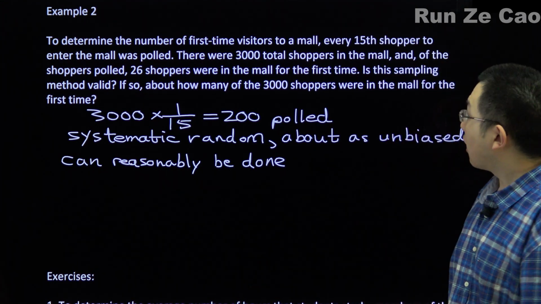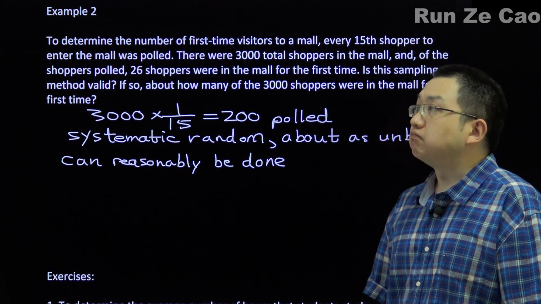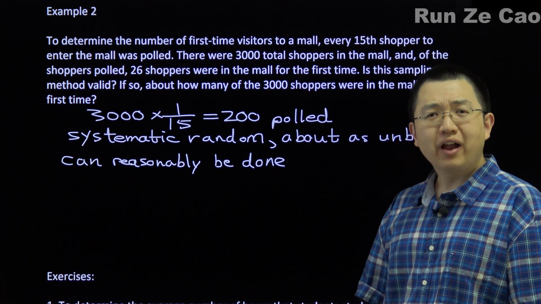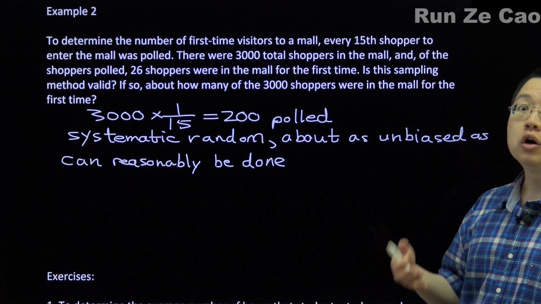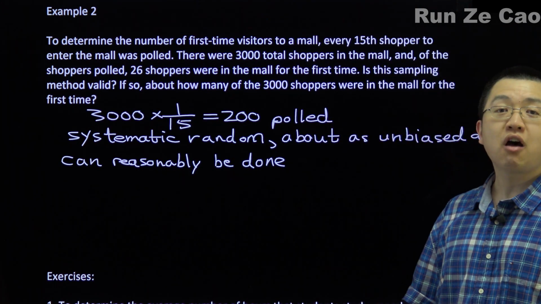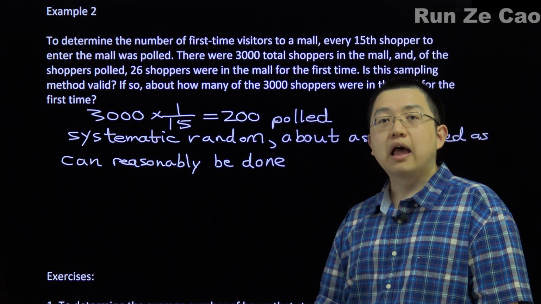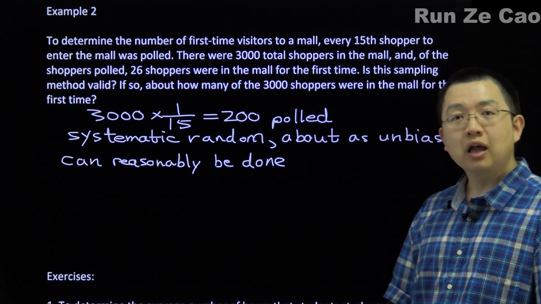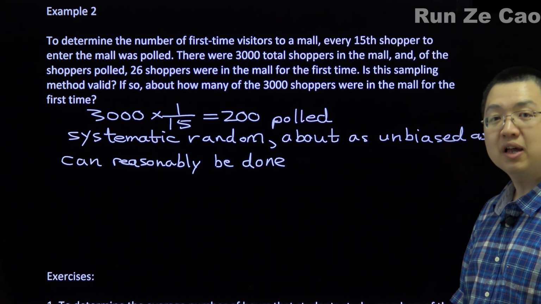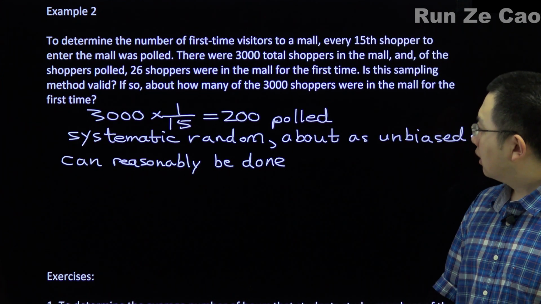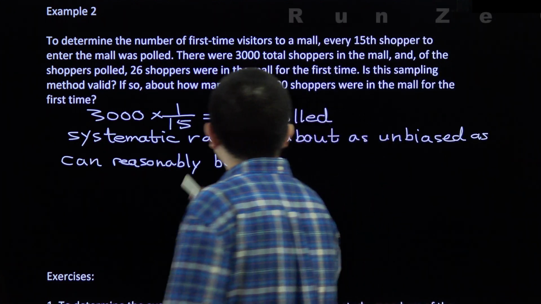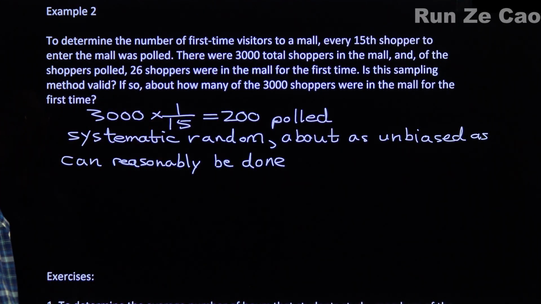Because if you're polling on, say, Sunday or Saturday, so on the weekend, you're going to end up finding more new shoppers who are exploring a new mall that they're not familiar with. Whereas on weekdays, people tend to not have that much time to wander around and resort to more familiar installations. Okay. This is for this particular day.